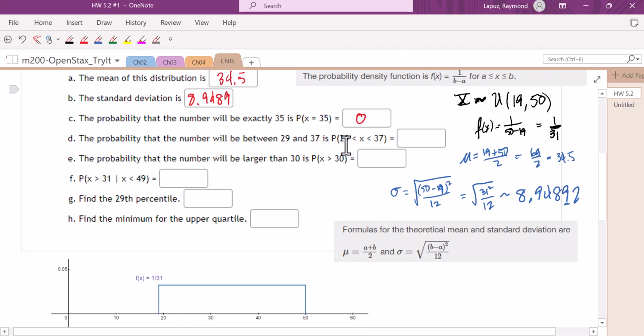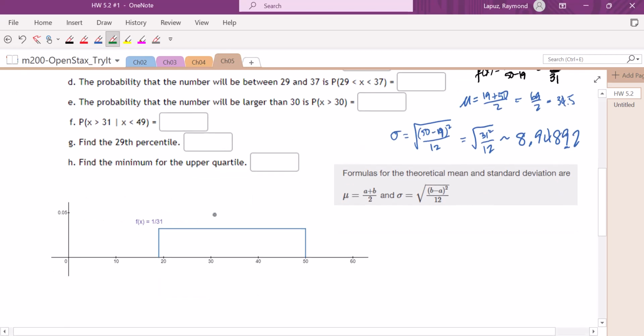You're asked to find the area or the probability of getting a number between 29 and 37. So you look at where 29 is, somewhere over here, and go all the way up to 37, and you're essentially looking for this area.